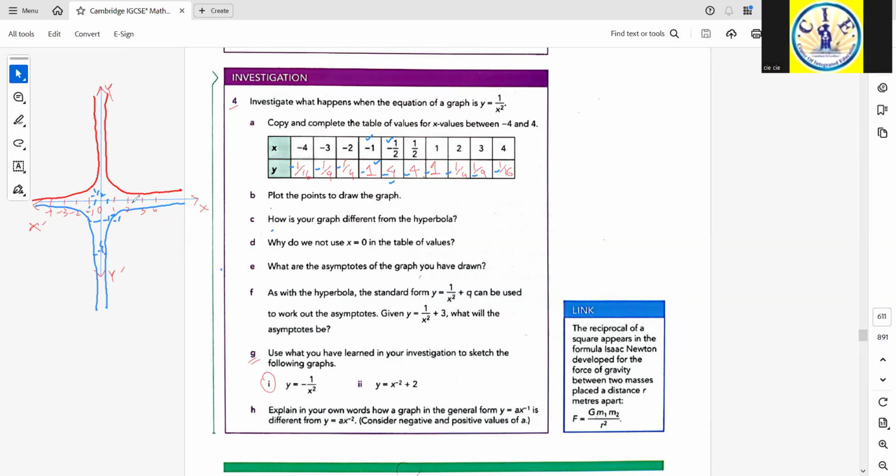Okay, now for the second part, y is equal to x raised to power negative 2 plus 2. This can be simplified to give us y is equal to 1 divided by x squared plus 2.